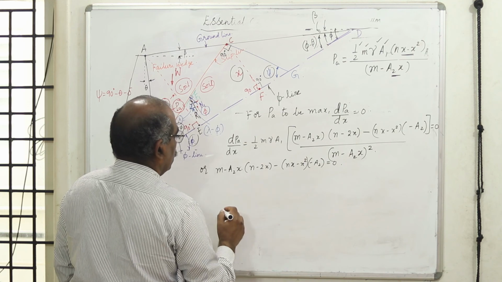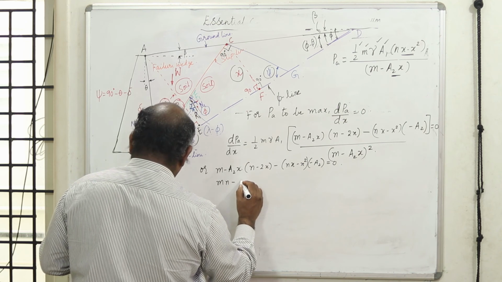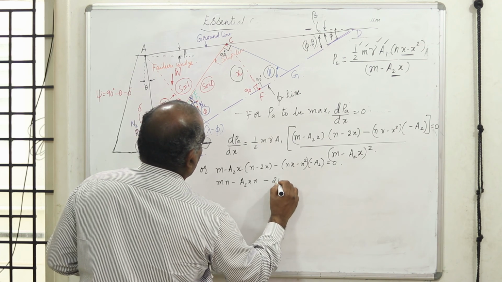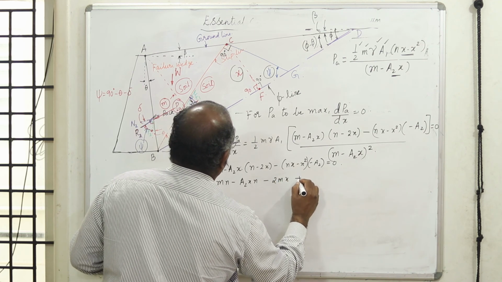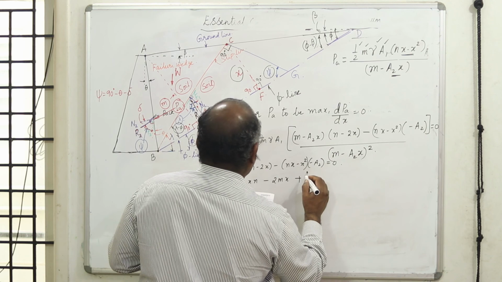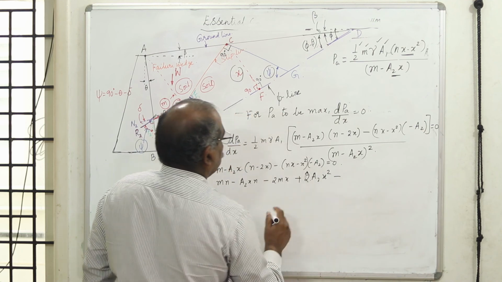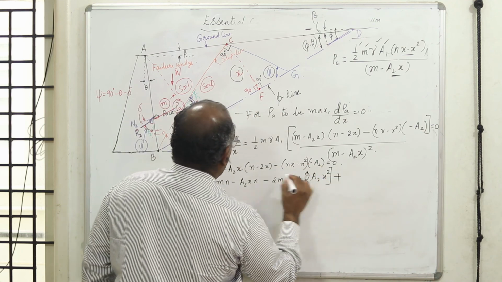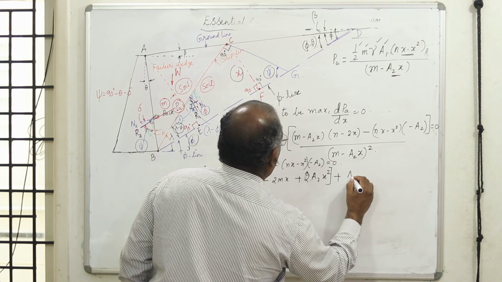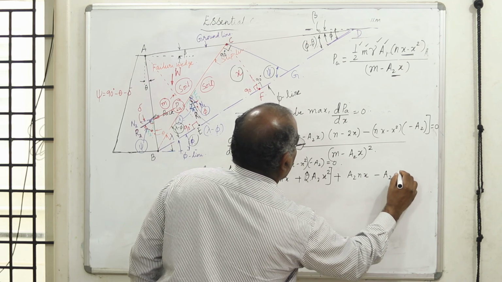Let me expand this. mn minus A2x into n minus 2mx, minus and minus plus becomes 2A2x square, minus and minus becomes plus, A2nx minus A2x square equal to 0.